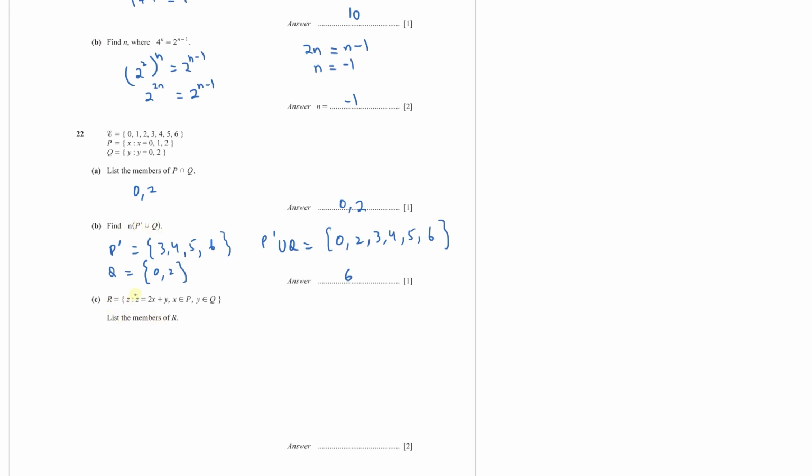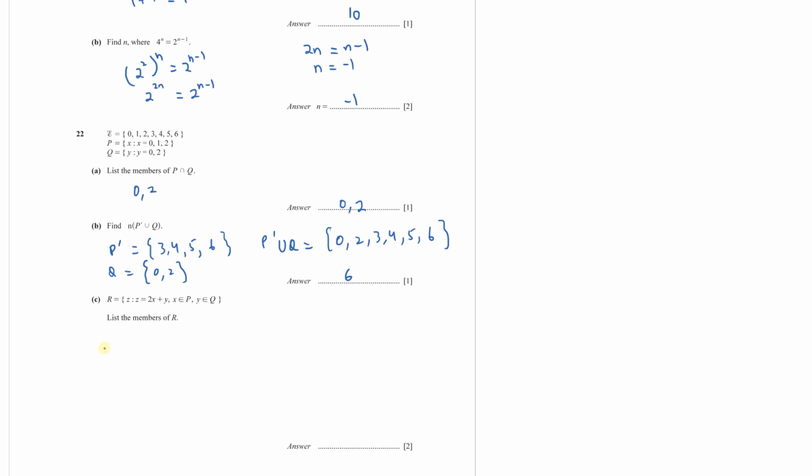Part C is R equals this set Z, which equals 2x plus y, where x belongs to the set P and y belongs to the set Q. List the members of R. So x belongs to P and y belongs to Q. So you have to basically find all the possible element combinations of x and y and then substitute them here to find the corresponding value in R. So what I can do is write the elements in a table.